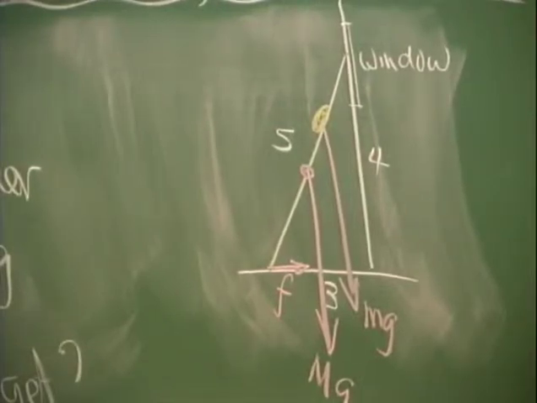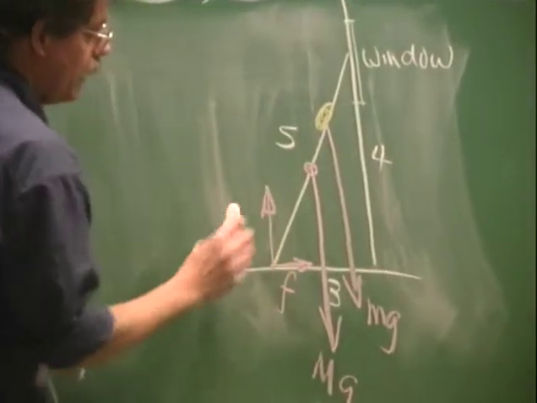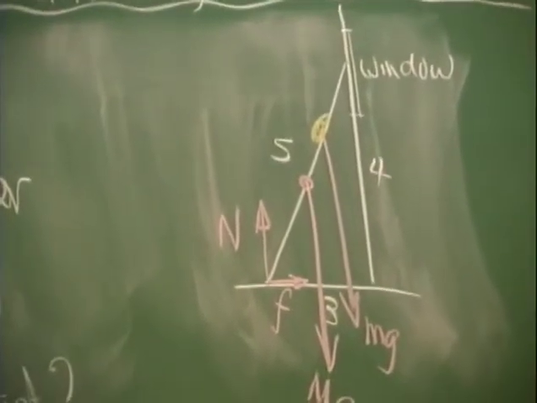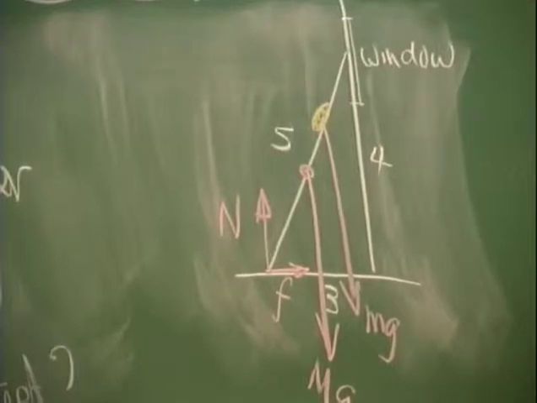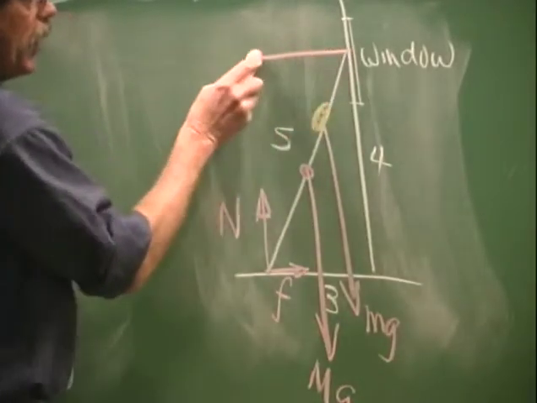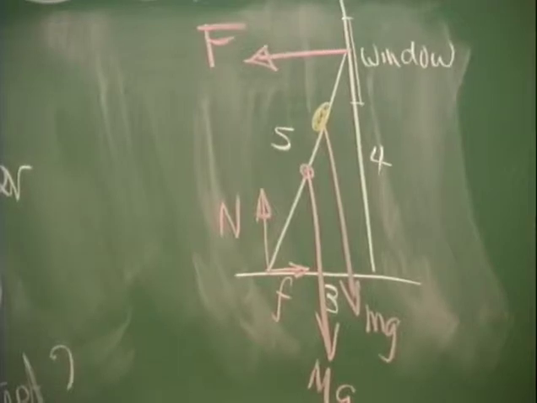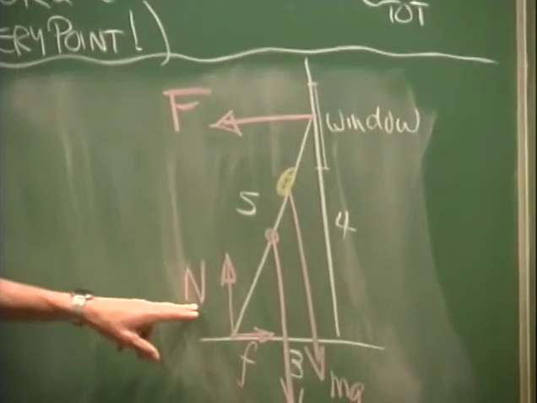So at the bottom, however, there will certainly be a normal force acting up, huh? Otherwise, all of the forces are in the downward direction, so there's going to be a normal force there that holds the whole thing up. Normal force from the window. Normal force from the window, that's the thing that we're concerned about, so I'm going to call that F, so that we don't confuse it with the normal force from the ground. Anything else?